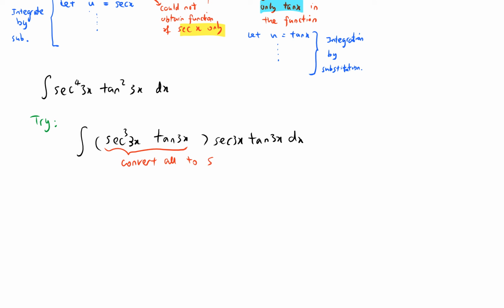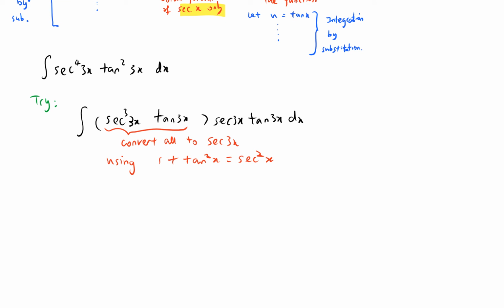Secant 3x, using the identity 1 plus tangent square x equals secant square x, right? So this is the method. This is already secant cube, so no need to care. All you need to know is that tangent 3x cannot be converted to secant 3x easily.